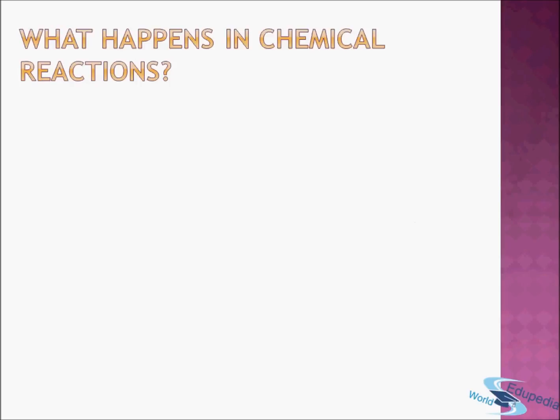So what happens in a chemical reaction? Let's say you have a container in which a chemical reaction is taking place under certain experimental conditions. There are a lot of processes occurring there simultaneously, with a lot of different substances. You have reactants which are forming products.